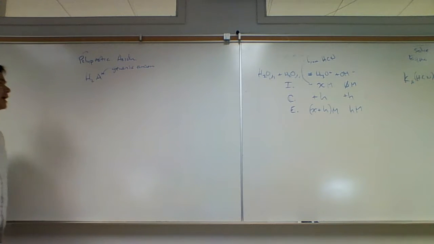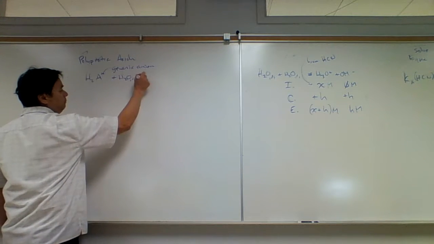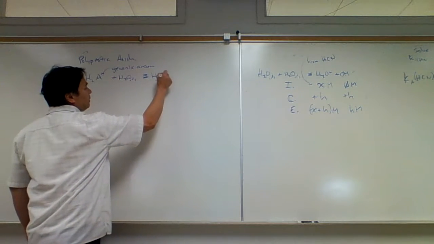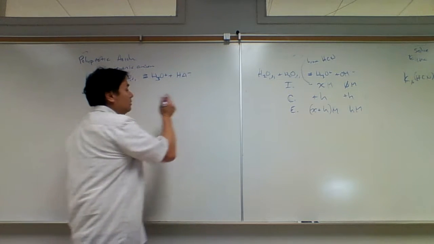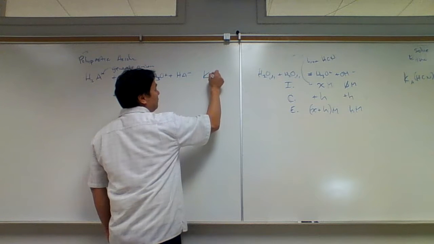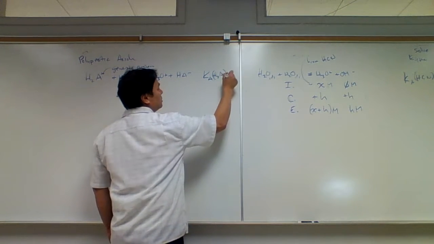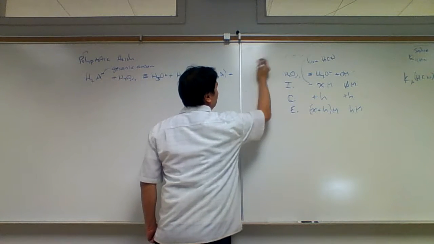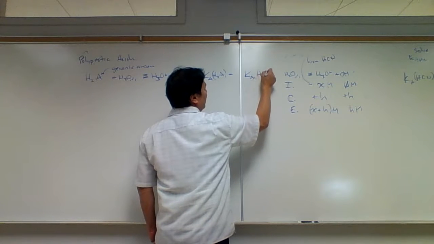And so H2A. Well, H2A plus water gives us hydronium and HA minus. This would be called Ka for H2A, which is the same thing as what we call Ka1 for H2A.